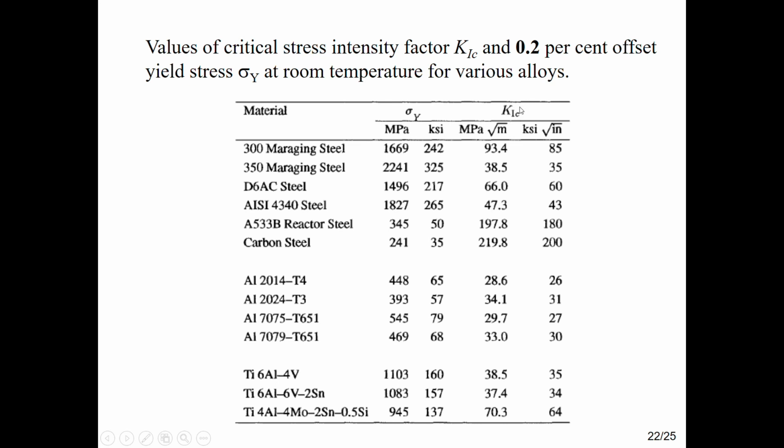This is the fracture toughness in SI units, where this is the other unit. This is the range for each specimen, or in terms of every material. Every material has a different yield stress and also different fracture toughness.